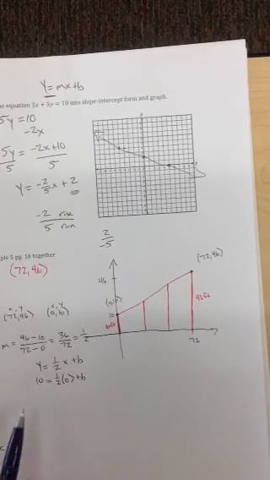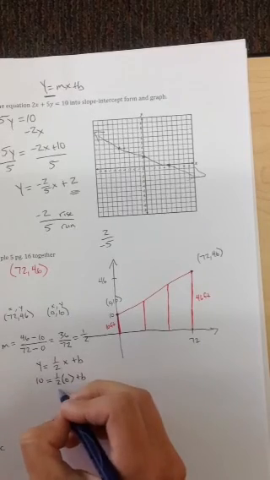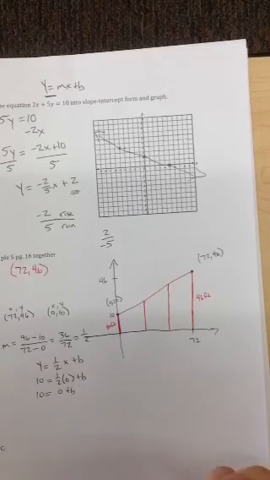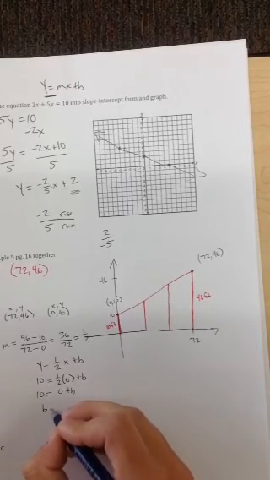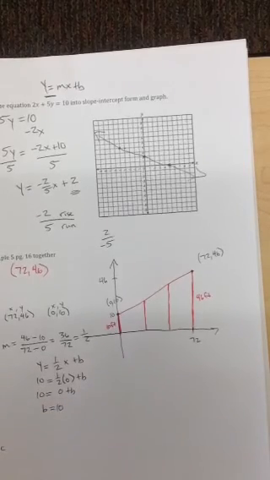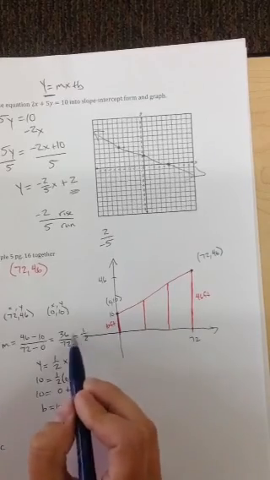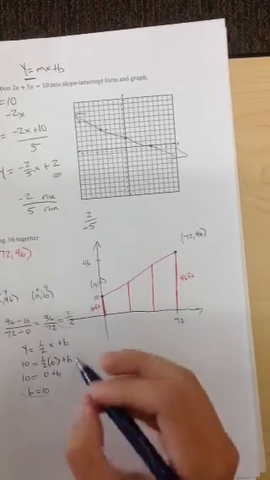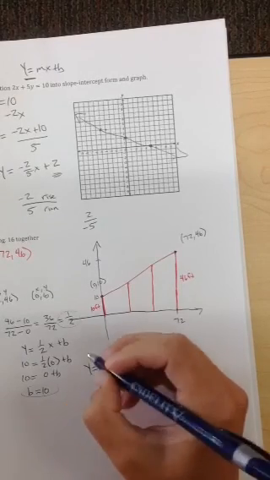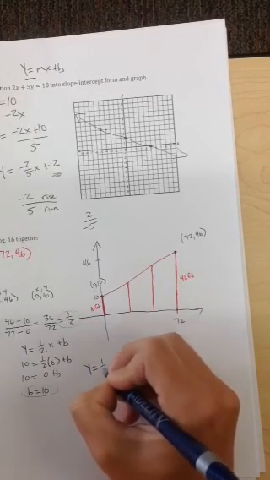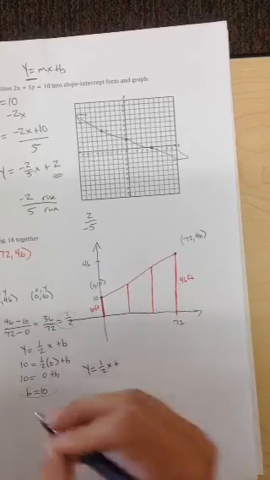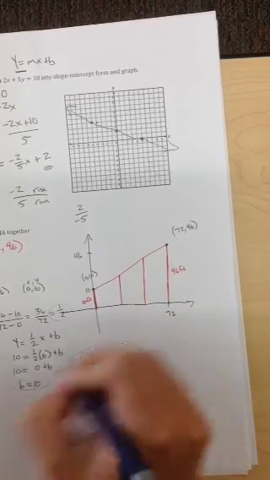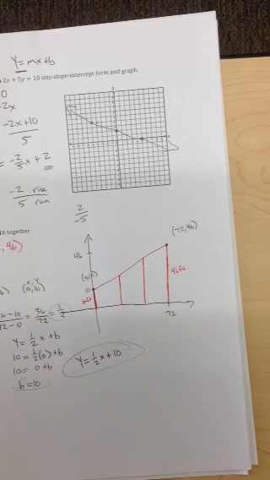This one's nice because a half times 0 is just 0, plus b is equal to 10, and 0 plus anything is just itself. So our b would be equal to 10. That information, the m being 1/2 and the b being 10, gives us our equation: y equals 1/2 x plus 10. That would be our equation.